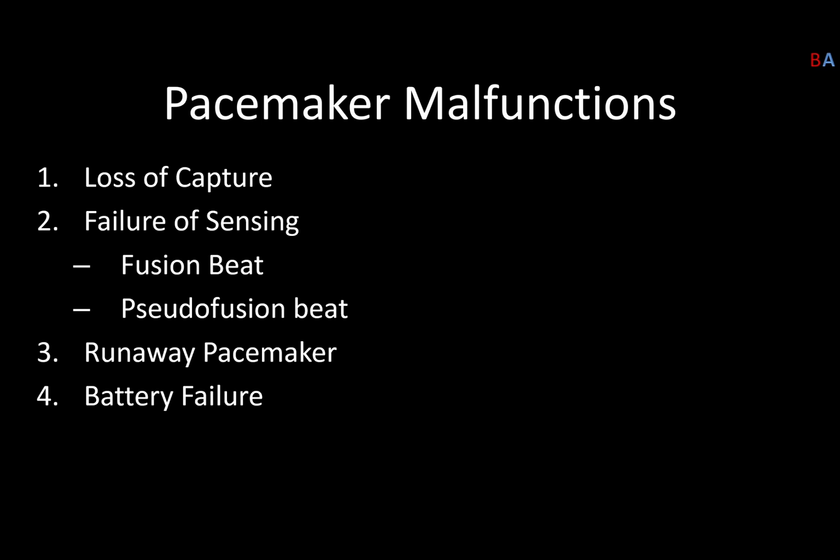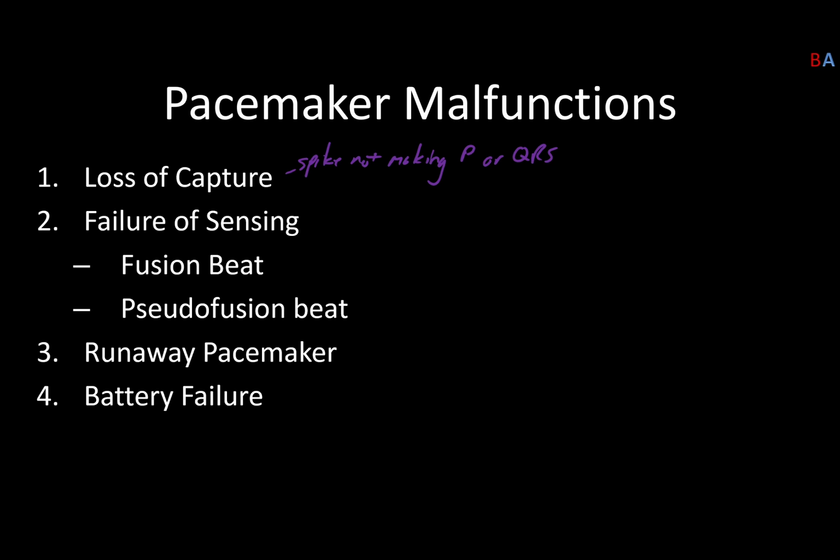This is a simple looking slide, but it's got a lot of big ideas on it. I want to just briefly go over a lot of the common pacemaker malfunctions to make you aware of what can go on. The first one that we'll talk about is loss of capture, and it is essentially that the spike is not making a QRS or P. Either a P wave or QRS.